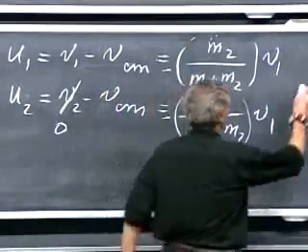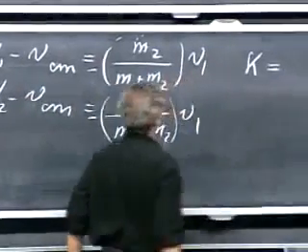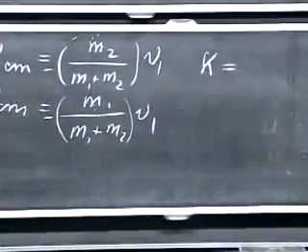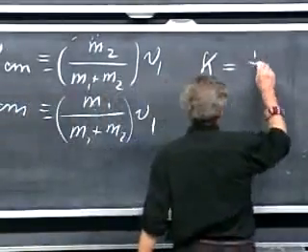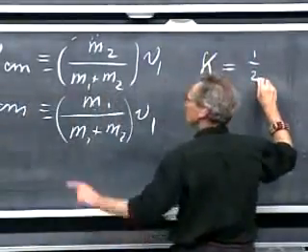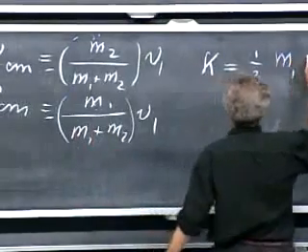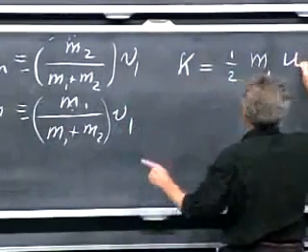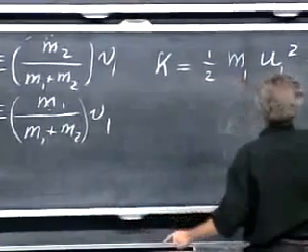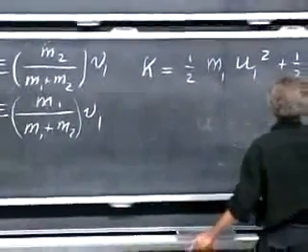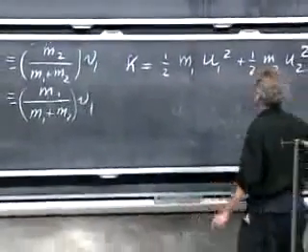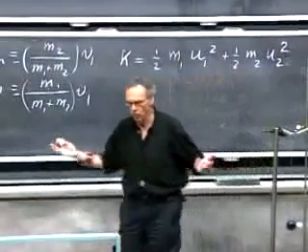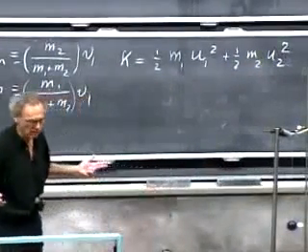Now we are going to calculate the kinetic energy in the center of mass frame. Well, that equals 1/2 M1 times U1 squared plus 1/2 M2 times U2 squared. That's all we have before the collision occurs.